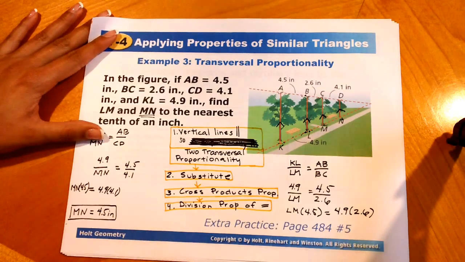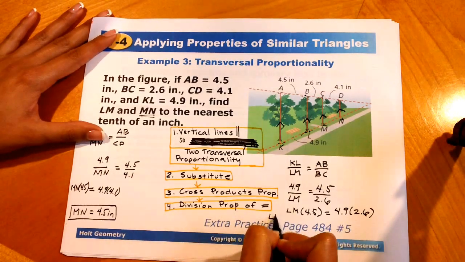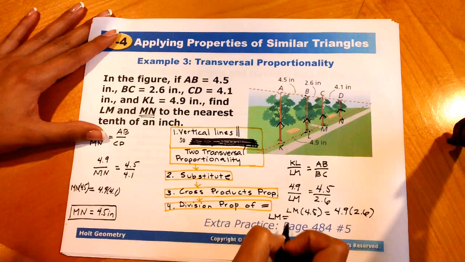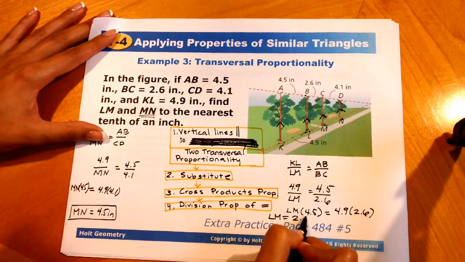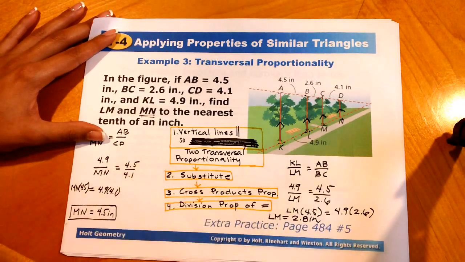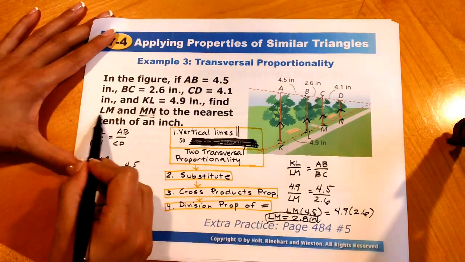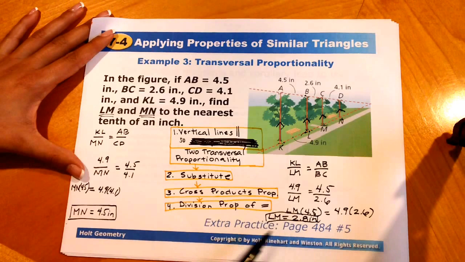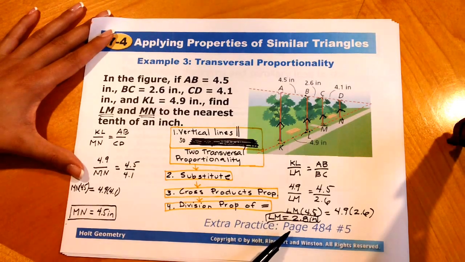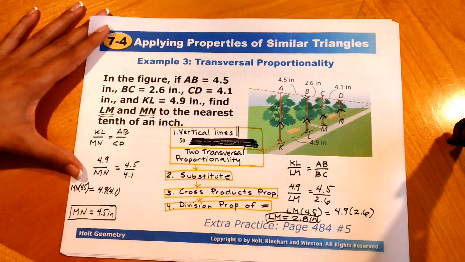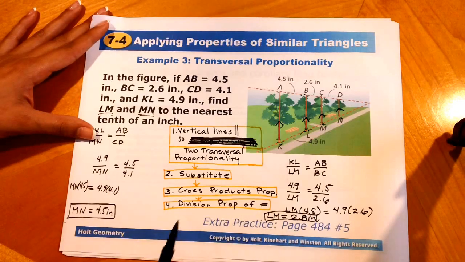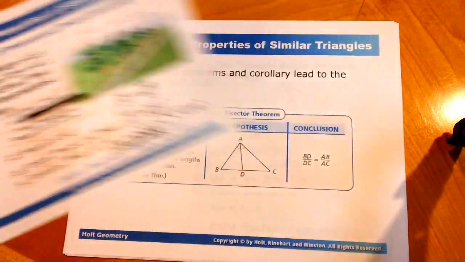And I'm going to end up getting LM equal to 2.8. And those were the two segments that I'm looking for. Again, extra practice can be found on page 484, number 5. And you can check your answer in the back of your textbook.